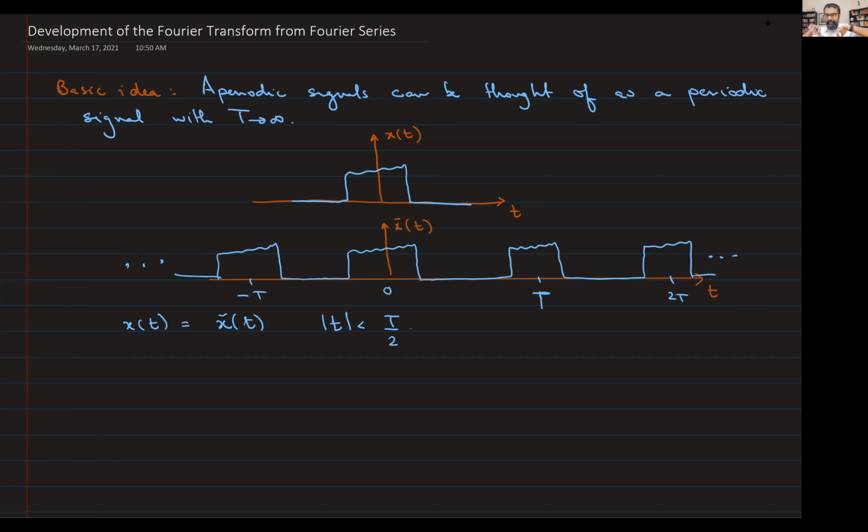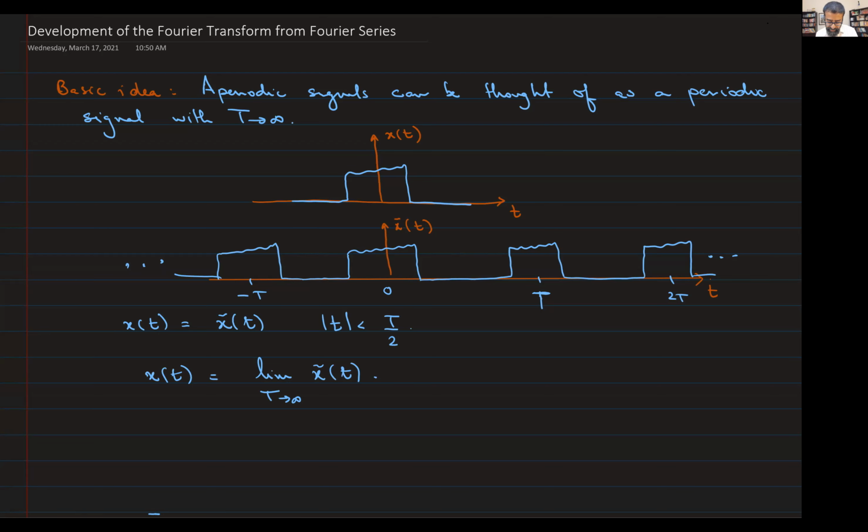So in that limit, as capital T goes to infinity, x tilde of t starts approaching x of t. So I would say that x of t is equal to the limit as T goes to infinity of x tilde of t. So this is what I start out with.